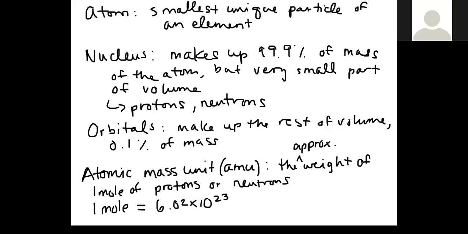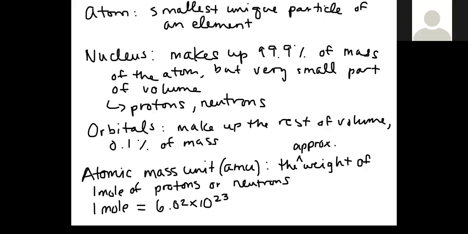This number is so big that a mole of people is tens of orders of magnitude larger than the amount of people on Earth right now. We have 7 billion people, right? Maybe getting up towards 8. So that's 8 times 10 to the 9th people. This is 6.02 times 10 to the 23rd. It is such a big number that it's very hard to conceive of it.